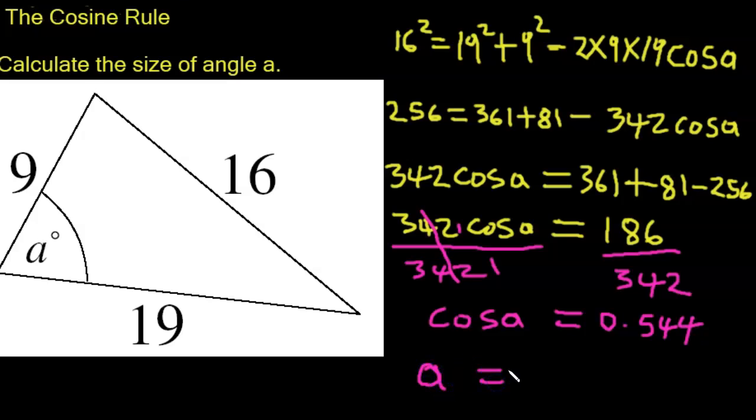To get the angle, we use second function, or shift, it depends on the type of calculator you have, cos 0.544, close bracket, and I get 57 degrees. So A is 57 degrees, which means the size of this angle here is 57 degrees.